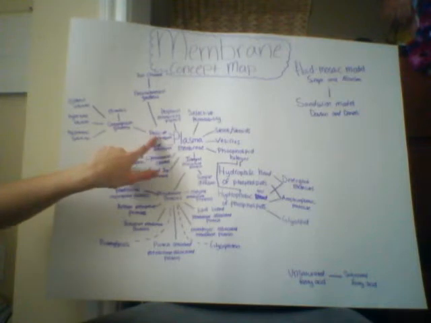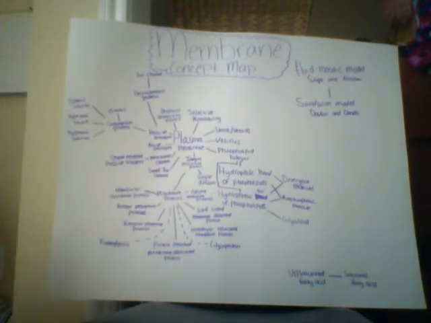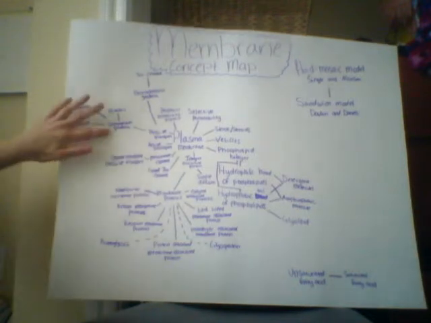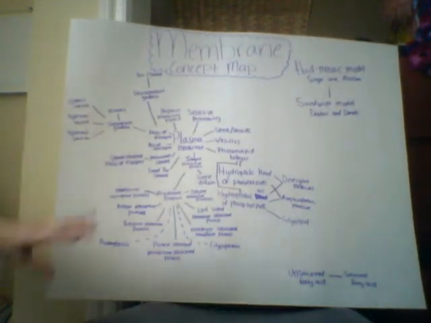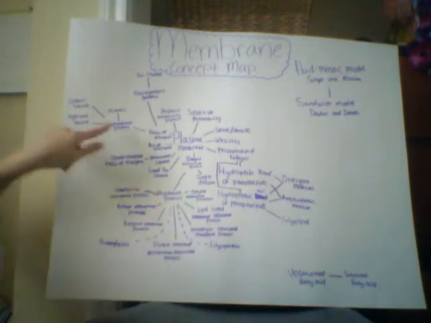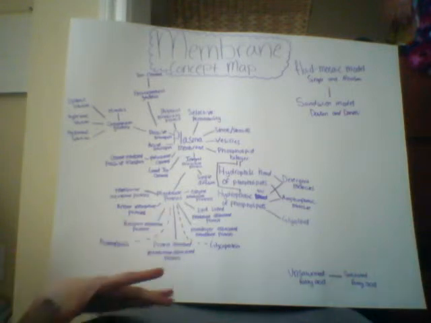Back to passive transport, we can go to concentration gradient, which is the measurement of how the concentration of something changes from one place to another. So then we can go to osmosis, which is the net movement of water molecules across a semi-permeable membrane driven by a difference in concentration of solute on either side.